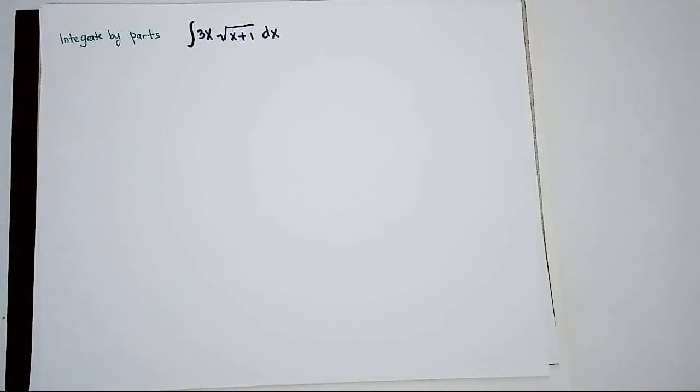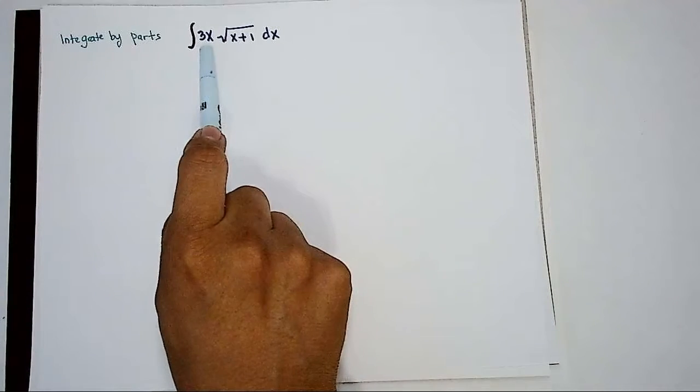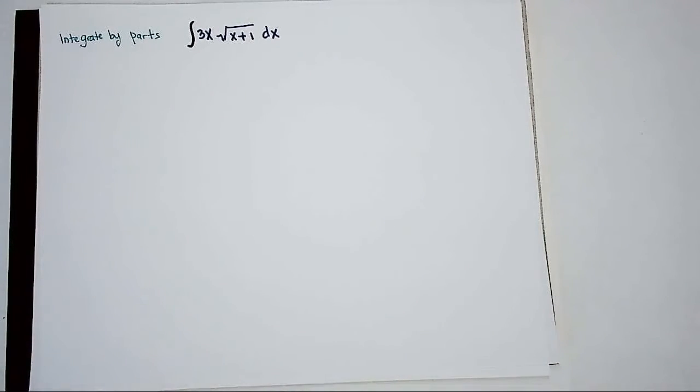Notice that we can apply integration by parts because we have a product of two terms. Here, our task is to define which one will be our u and which one will be our dv. U will be the function that is easier to derive.